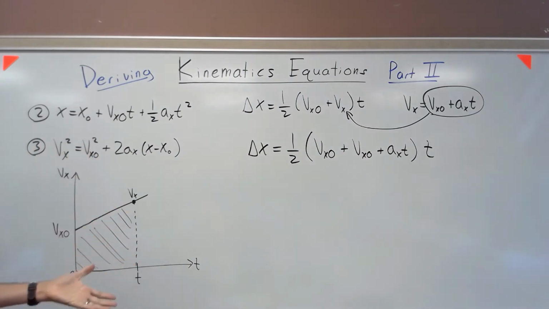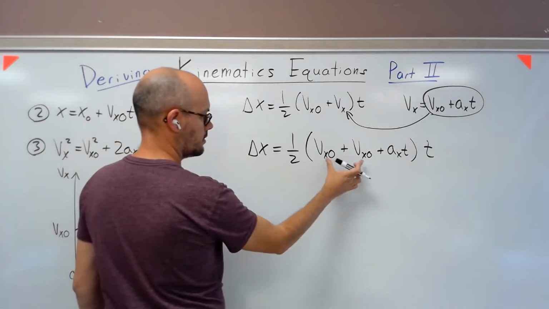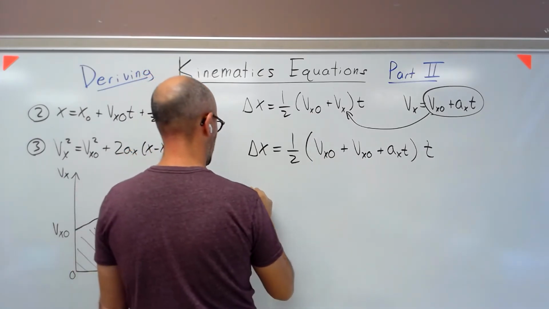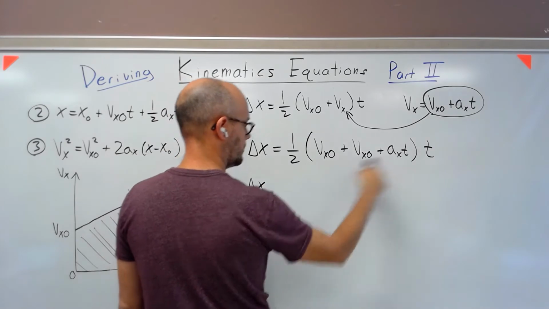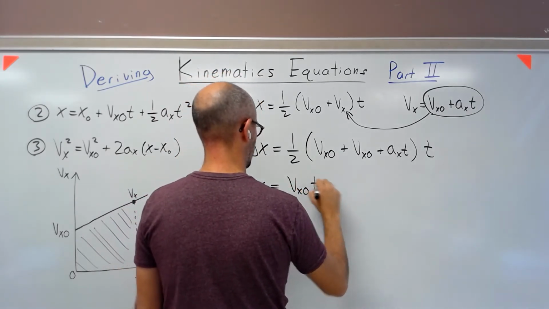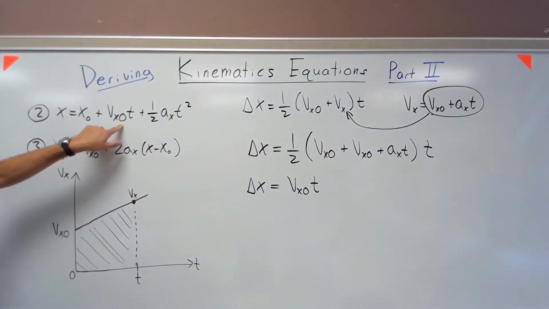I'm not going to go through each algebraic step, but basically, there are two Vx naughts that when you multiply them by 1/2 and by t, you get Vx naught times time. So that's the first term of the second equation.